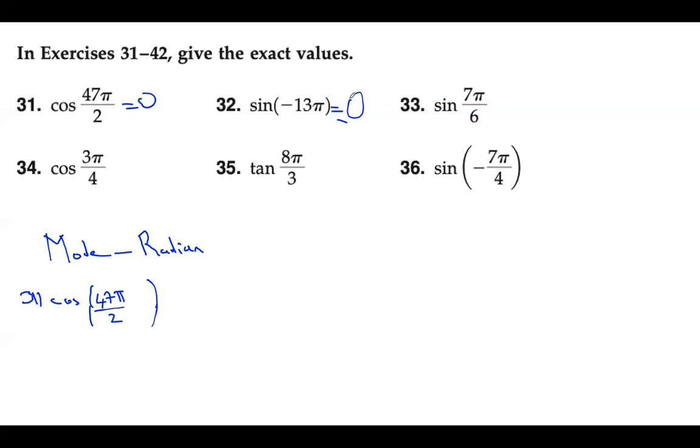Negative 0.5. Cosine 3 pi over 4, the next one, cosine 3, then shift pi over 4 is equal to negative 0.707. So cosine 3 pi over 4 is equal to negative 0.707.